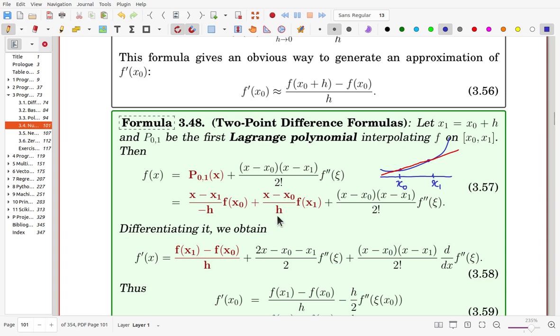That is this one. Now there is 1 over h f of x1. That is this one. Now for this product, first we differentiate this one to get this one, and now we differentiate it. We have this one. The xi is dependent on x, so here this derivative cannot be 0. Xi is not a constant.